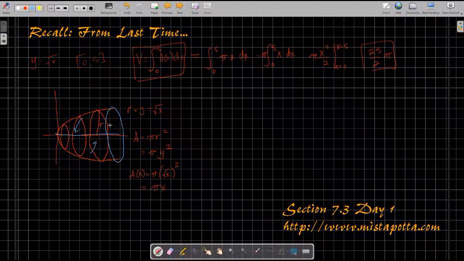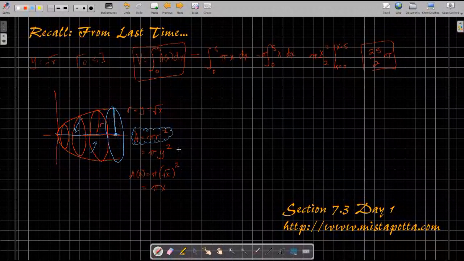And so when I'm calculating my formula of my circle, and of course the circle is always going to be area equals pi r squared. My radius is the distance from the axis of rotation to the point on my graph.